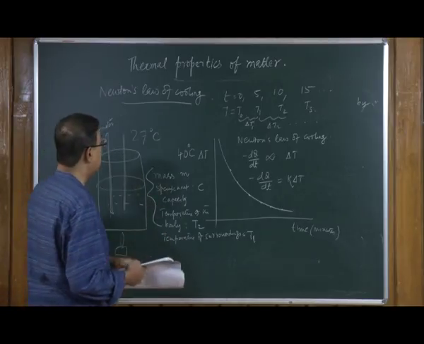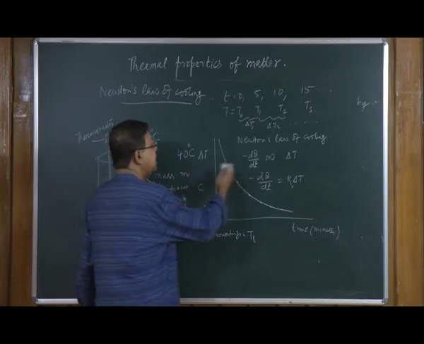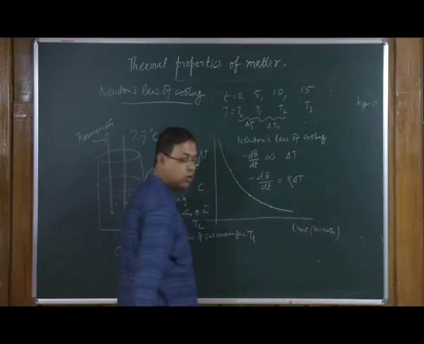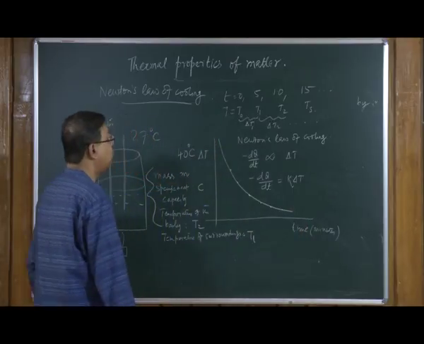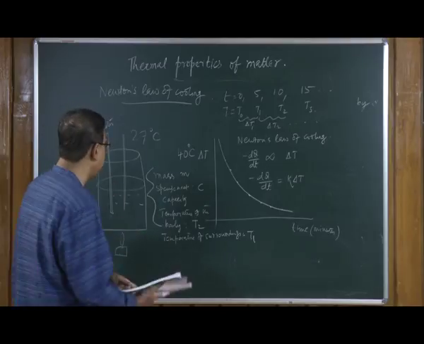So, according to Newton's law of cooling, we know that the heat current, or the rate of change of heat, is proportional to the temperature difference between the body and the surrounding.